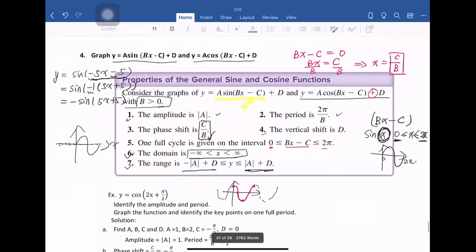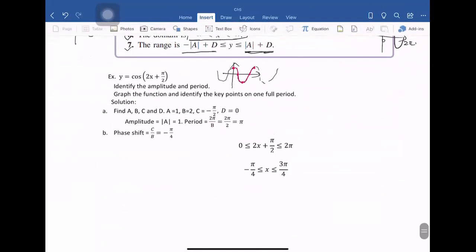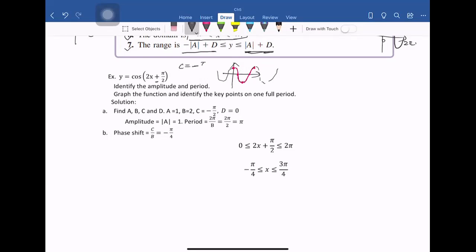So for this one, there is a plus sign here, which means C equals negative pi over 2. And what's the meaning of the plus? The graph will be moved to the left. So remember, if plus, it's moved to the left; if minus, it's moved to the right.